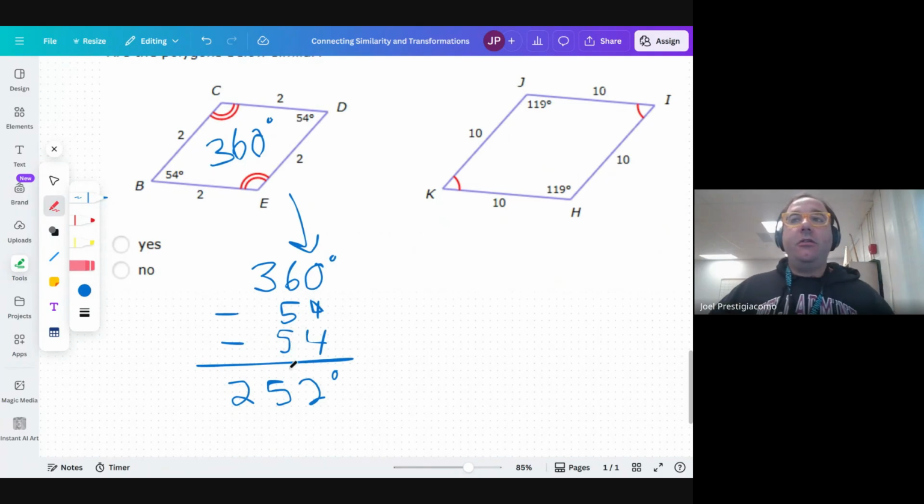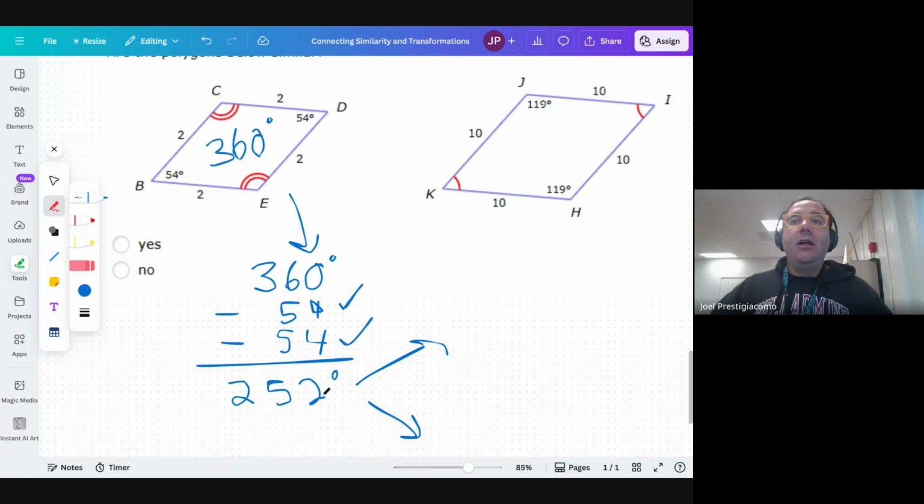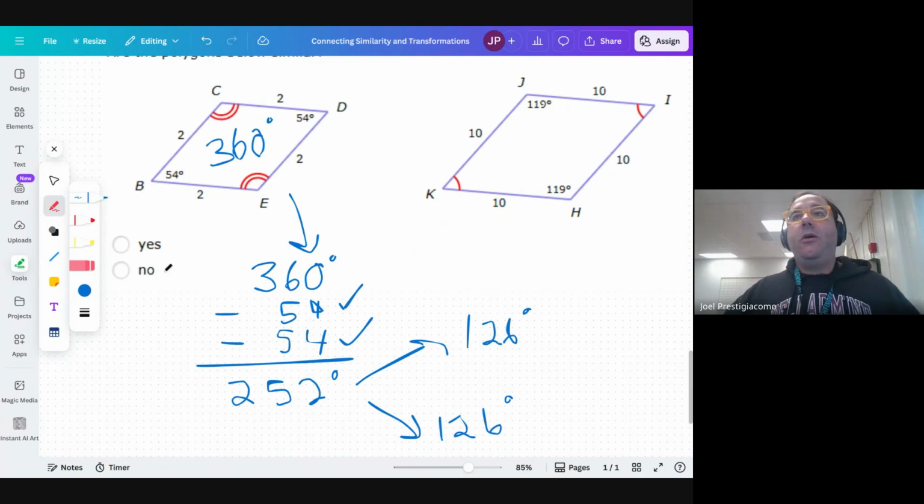This is being split into two additional angles, so 252 would be 126 and 126. Now, this other shape has 119-degree angles, so this is a big no.